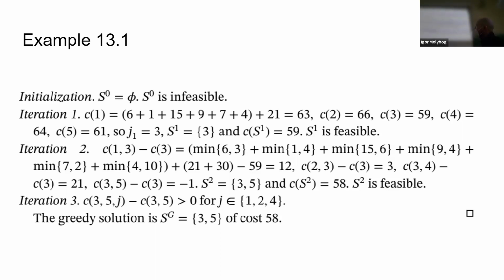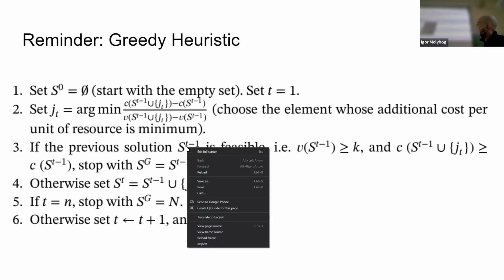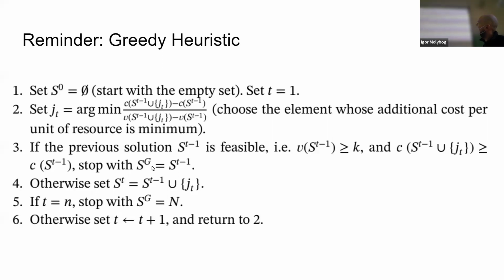When we add 1, we need to consider the addition. So I will just remind you, the greedy heuristic considers the difference between the objective function C in the case when we have added an element to our bag, and in the case we have not added the element to our bag.